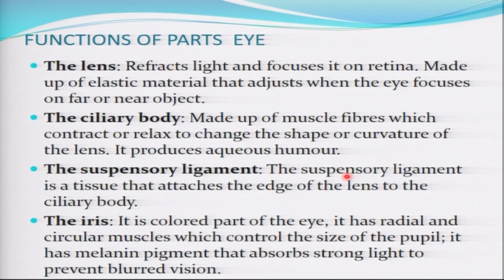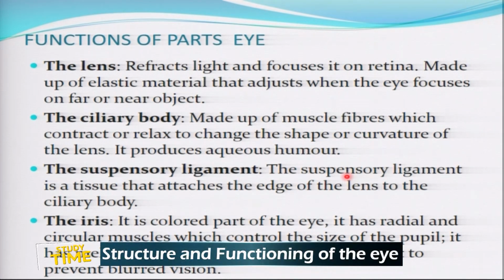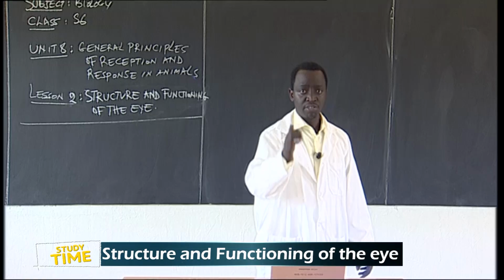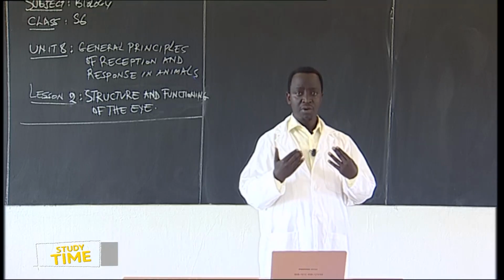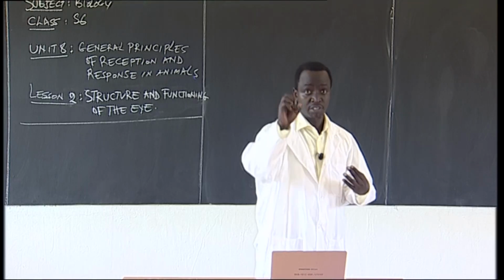Then we have what you call the ciliary body. They are made of muscles which contract and relax to change the shape and curvature of the lens. Actually, you can see the near object and the distant object. So we need the change of the shape of the lens so that you can see the near object and the far object.